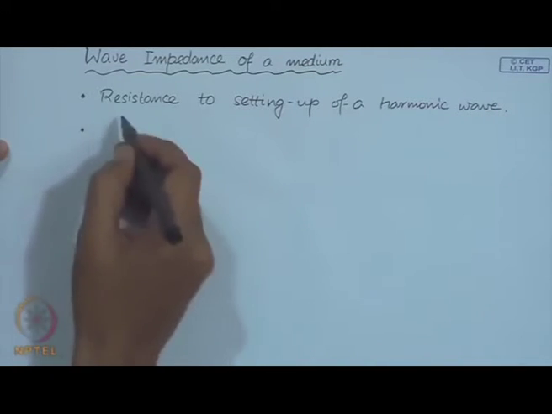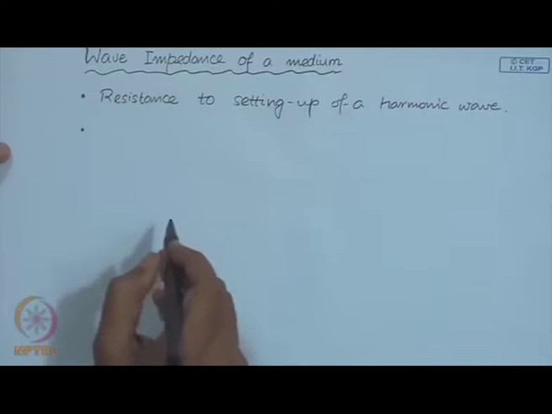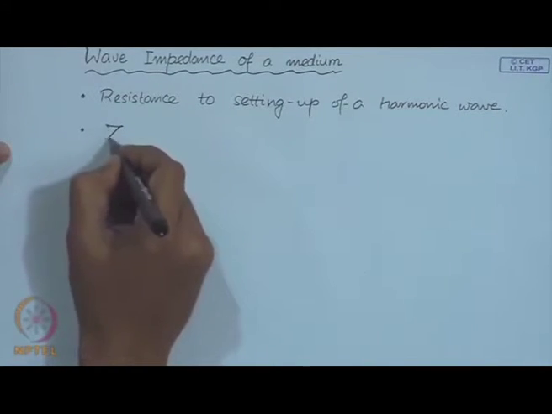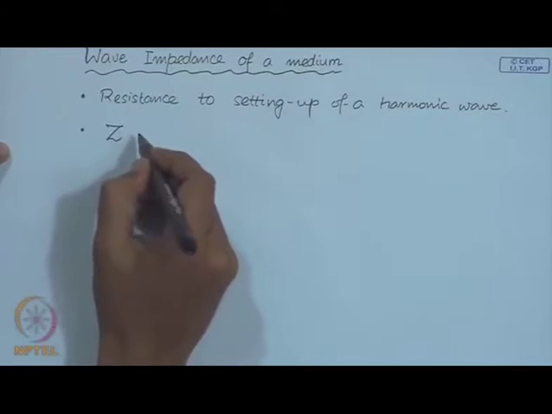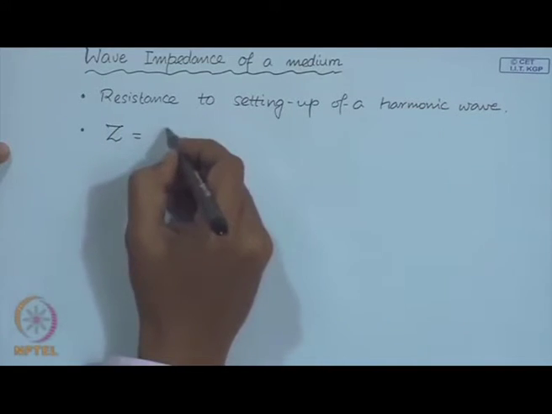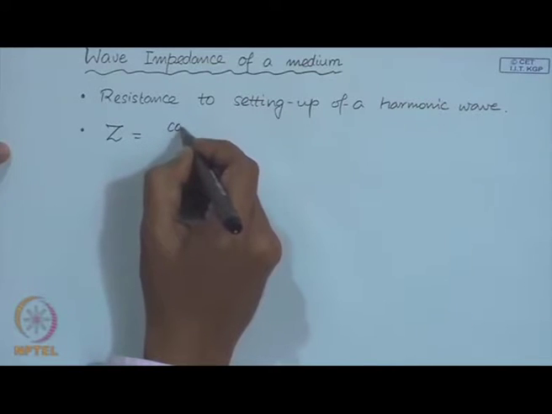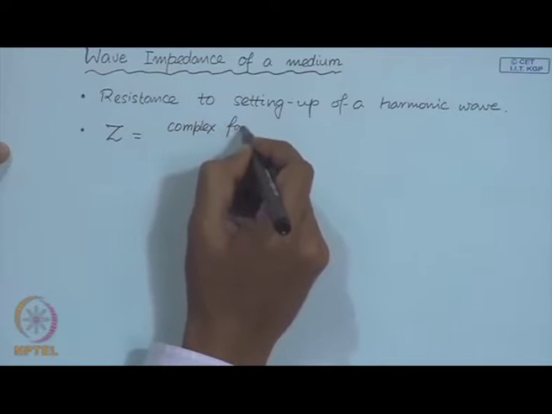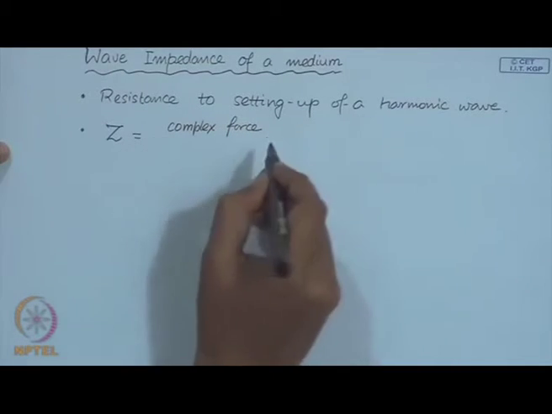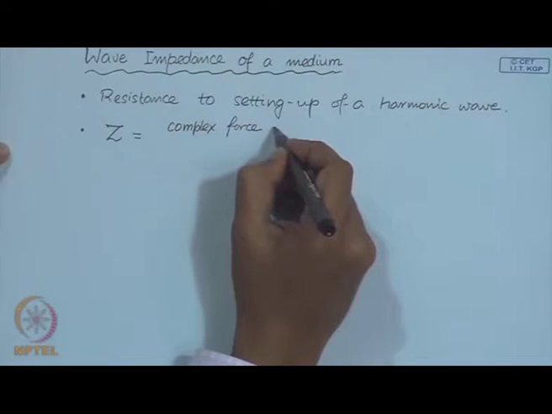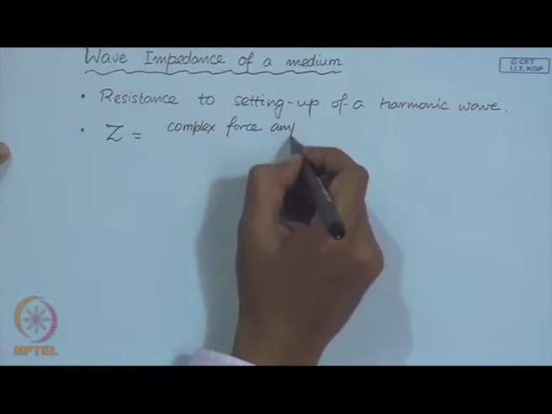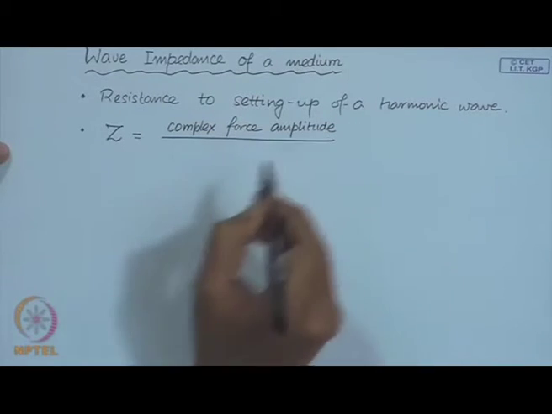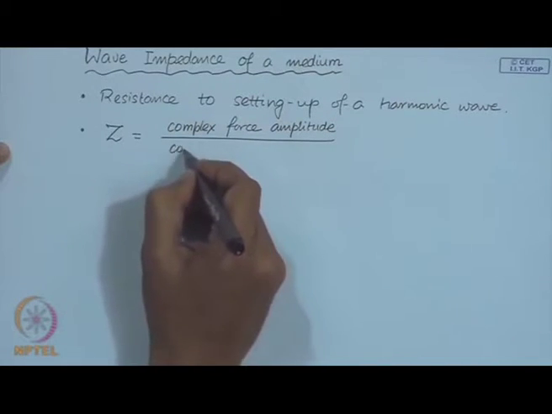And mathematically, impedance, denoted as Z, is the ratio of the complex force amplitude divided by the complex velocity.